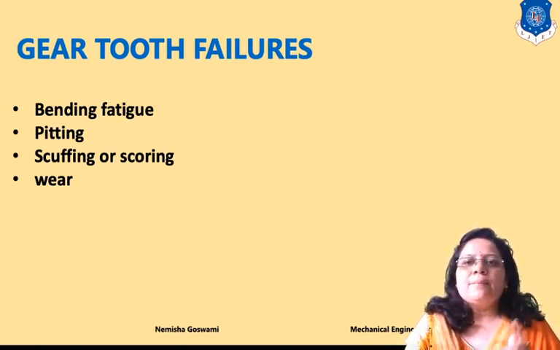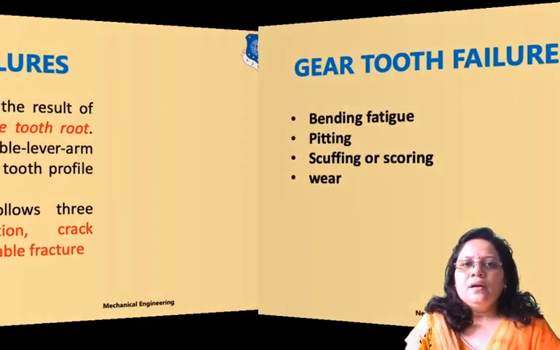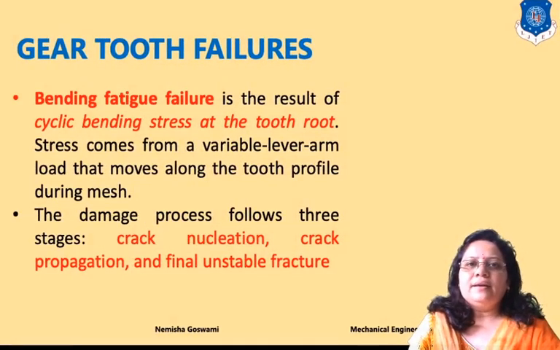First is bending fatigue, second is pitting, third is scuffing or scoring, and last is wear. What is meant by fatigue? When any system is repeatedly subjected to cyclic loading, fatigue failure may occur. We will discuss them one by one in detail.